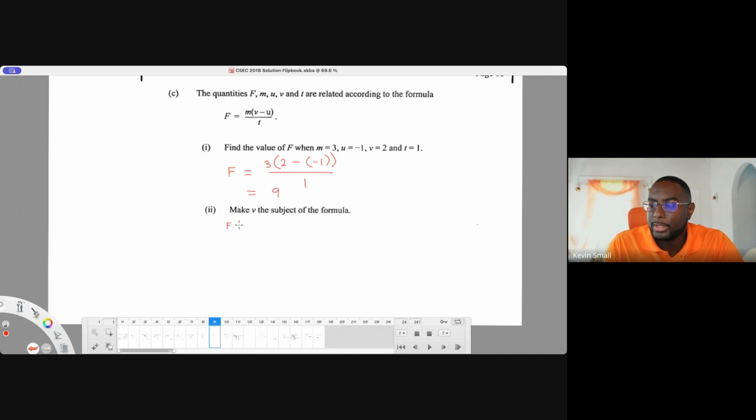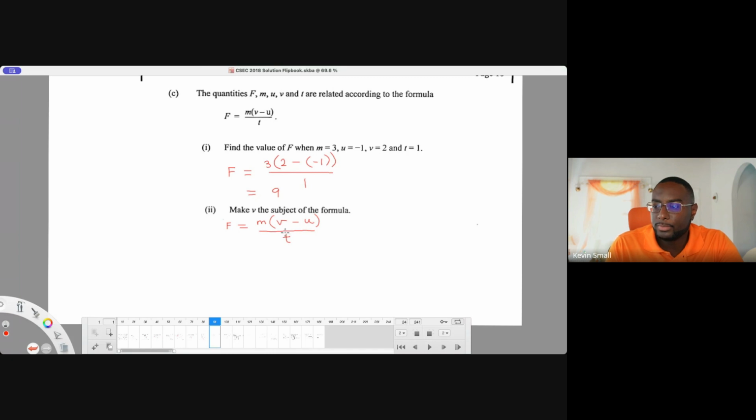Gotta rearrange subjects. So start with the original equation, F equals M times (V minus U) over T. Remember when you are solving or rearranging, you do the opposite of BODMAS. If BODMAS dictates that you do division, you would do the opposite of that, which is multiplication.